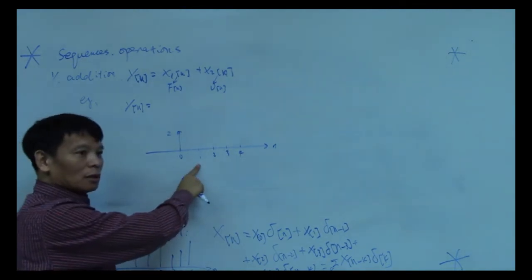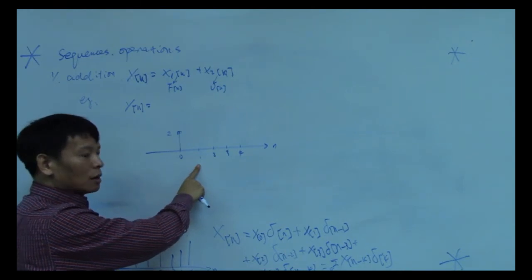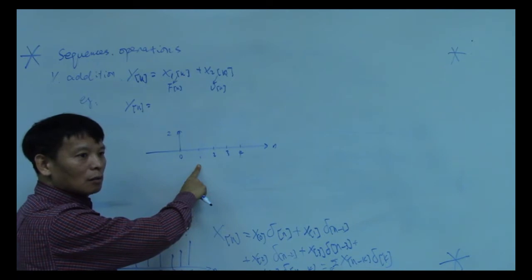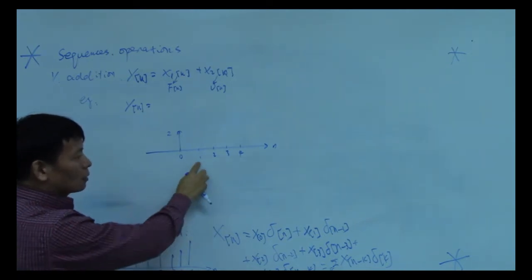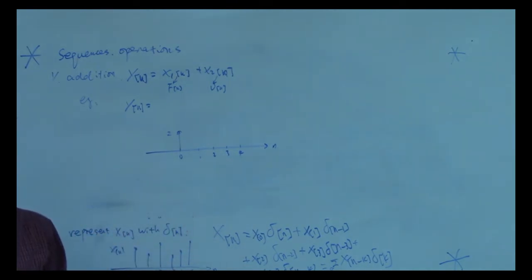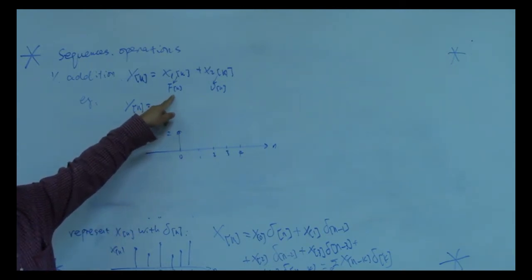What is the output when n equals 1? You forget the Fibonacci sequence, right?